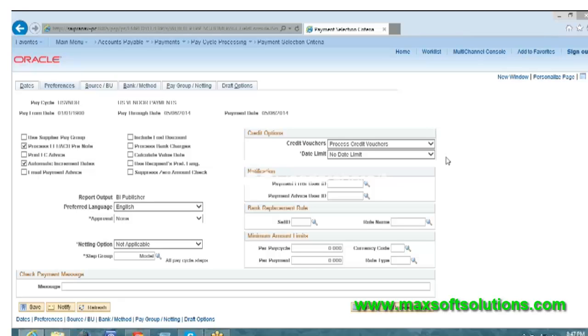So when you are running your pay cycle, for example, the Dell vendor which we talked about earlier, now the Dell vendor has an open credit balance of $20,000. Now you got one more voucher for $7,000. Will you pay the amount?